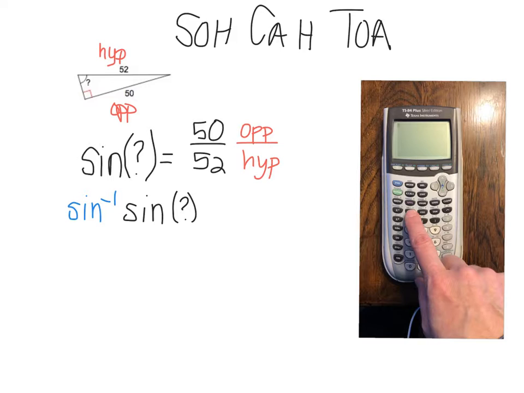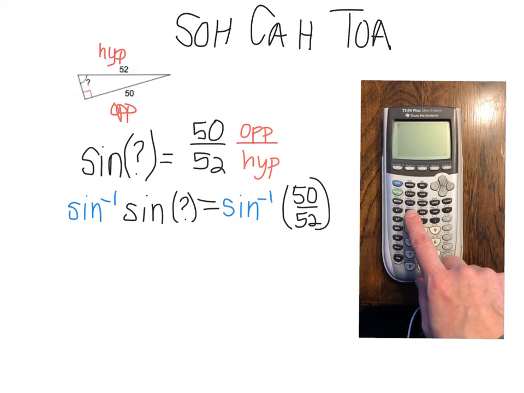So I'm going to take the sine inverse of this side, and I'm going to take the sine inverse of the right-hand side, and I'm going to put it in parentheses, 50 over 52.